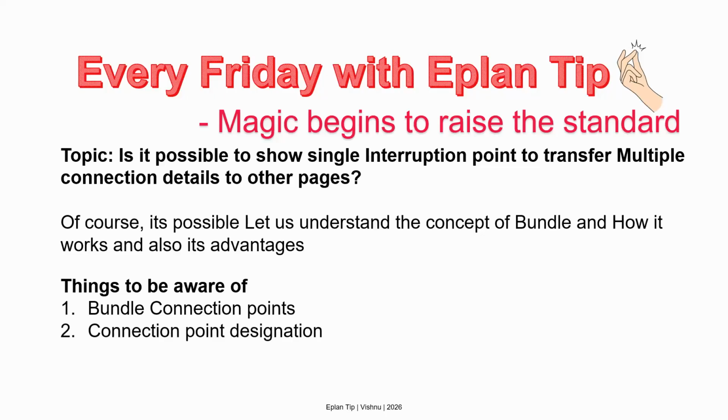Second, what is very important so I can't miss the information is the connection point designation. You can't miss the connection point designation. That is another important thing. And how it will bridge between source and target, the way we have to place a bundle, all these things are very important for us.